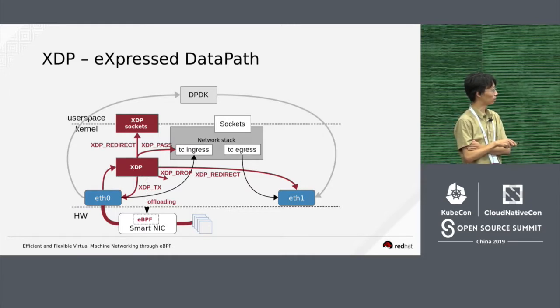For example, if it reflects as a drop, then this packet will be dropped, and otherwise it will be transmitted to the external through the same interface, or it will be dumped to the traditional network stack for further processing.